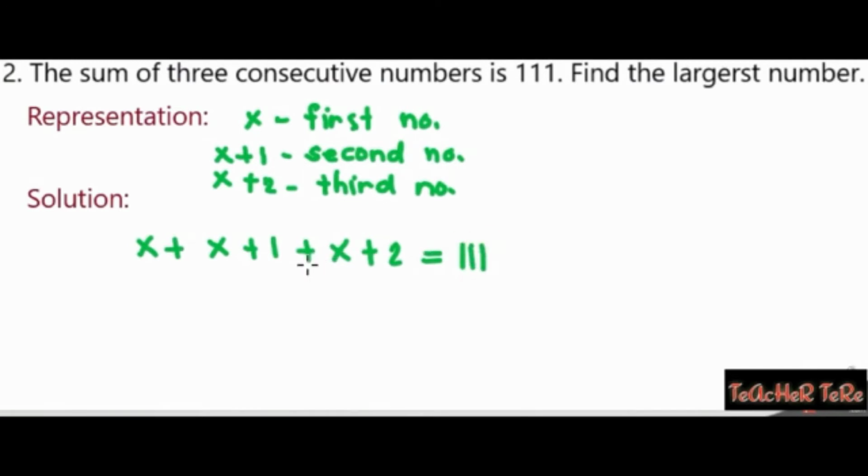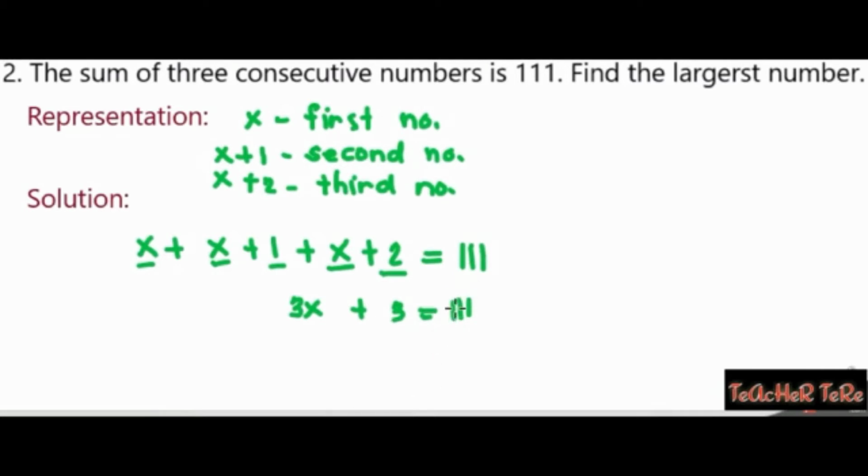So same procedure, you just have to add the similar terms. We have x plus x plus x, so we have 3x. Then we have 1 plus 2, you get plus 3, which is equal to 111.